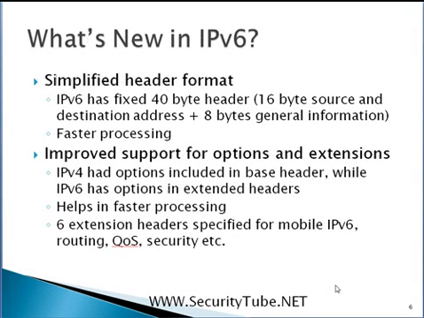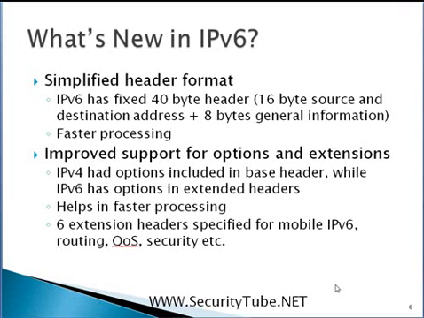The next very important feature with IPv6 is the simplified header format. In IPv6, the header is fixed at 40 bytes. Of these 40 bytes, 16 bytes will be taken by the source address and 16 bytes by the destination address, so 32 bytes are over, and the remaining 8 bytes are general information. So there are only 8 bytes of general information in every IPv6 packet, compared to IPv4, whose header length was not fixed.